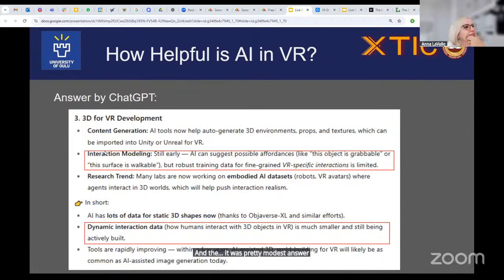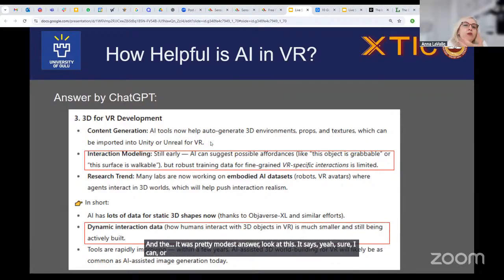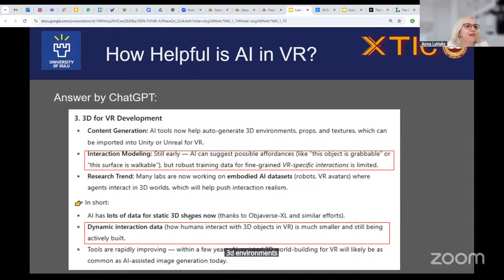Look at this. It says, yeah, sure, AI tools can help auto-generate 3D environments, which are static. So it can easily help you generate static 3D shapes, environments, props, textures, whatever. That's good. What it cannot do is help you with developing novel interactions, or any interactions.